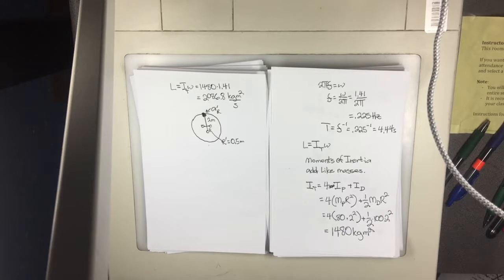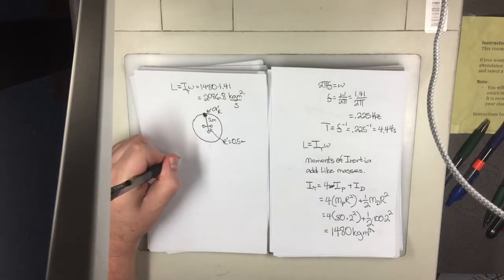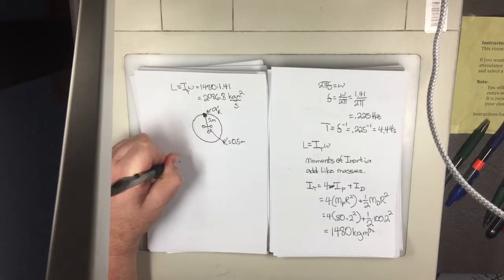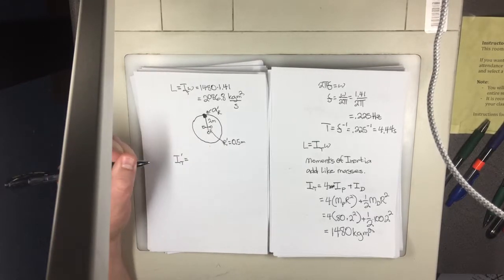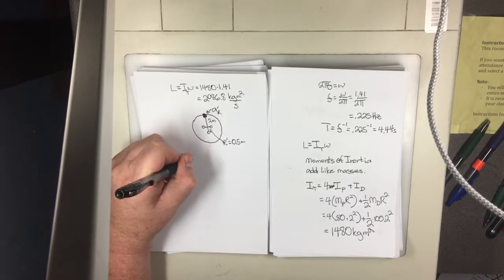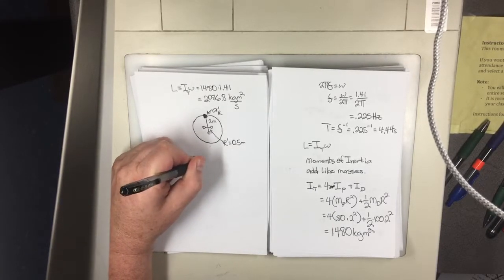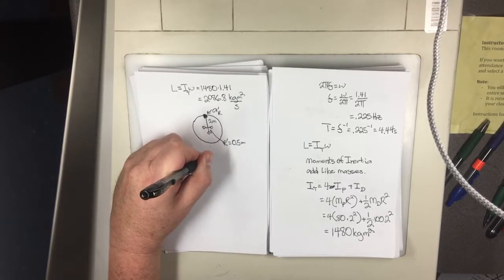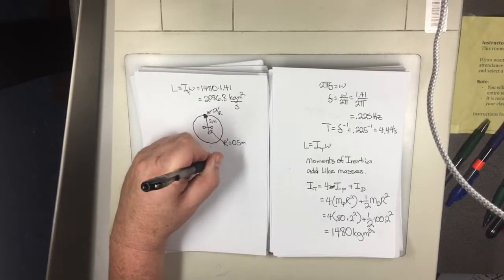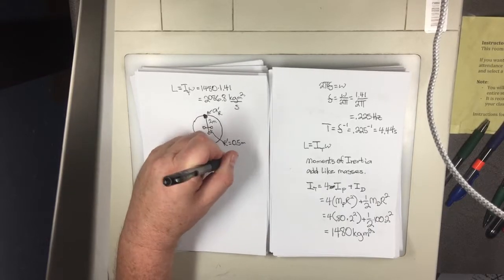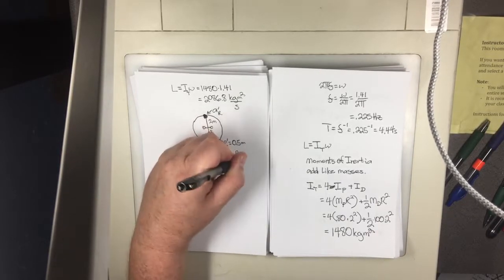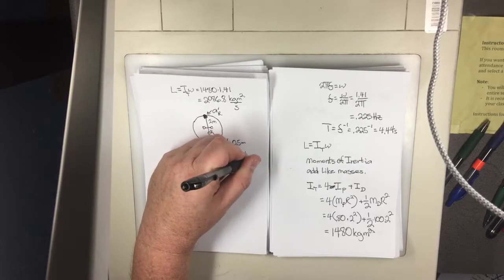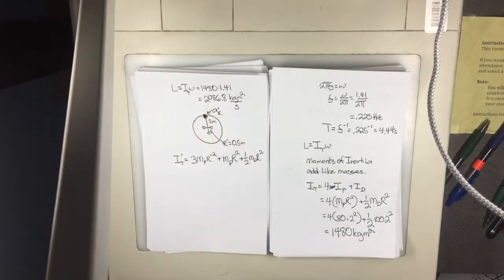So what's the first thing that we have to do in order to calculate this? We have to find its new moment of inertia. The mass distribution has changed. So I total prime is now 3 times the mass of a point times R prime squared, plus 1 times the mass of a point times R squared, plus 1/2 mass of the disk R squared.